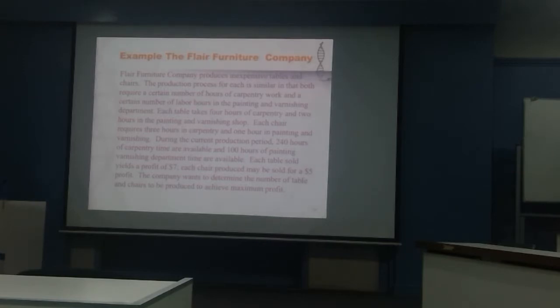We have the Fair Furniture Company that tries to produce inexpensive tables and chairs. The production process for tables and chairs is quite similar in that they require a certain number of hours of carpentry work and a certain number of painting hours.